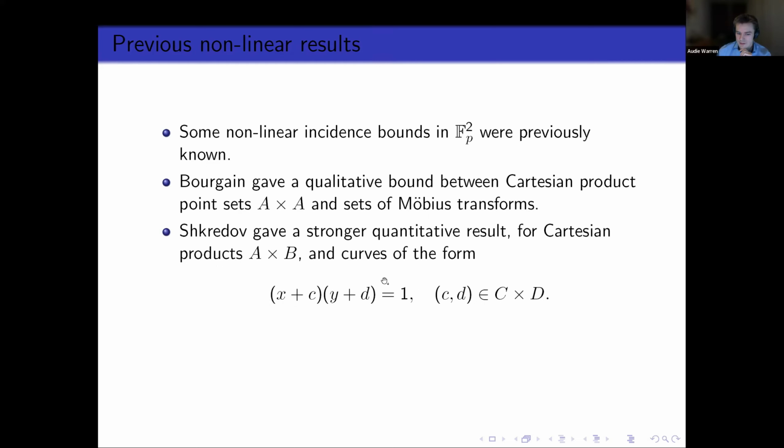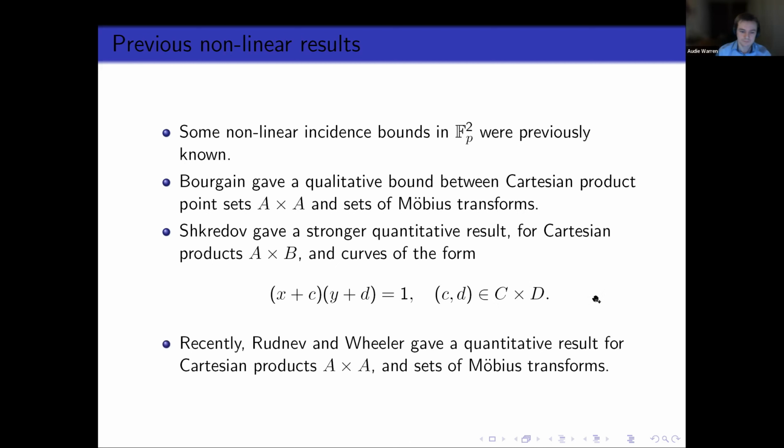And again here, this has to be a very specific set of points, i.e. it's a Cartesian product A cross B. It's also a very specific set of curves because the curves have to themselves be defined by a Cartesian product C cross D. So this is a very structured result. The most recent result was due to Rudnev and Wheeler, who gave a quantitative result which beats Shkredov's result for Cartesian products A cross A and again sets of Möbius transformations.